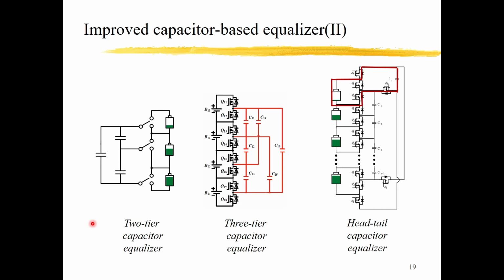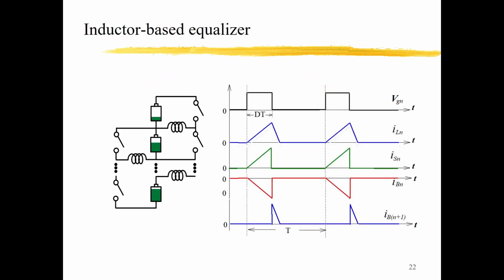There is always loss for each transference, and if the number of transferences increases, the energy loss increases. So we hope to directly transfer the energy from the highest SOC cell to the lowest SOC cell. That is the most effective energy transference method.